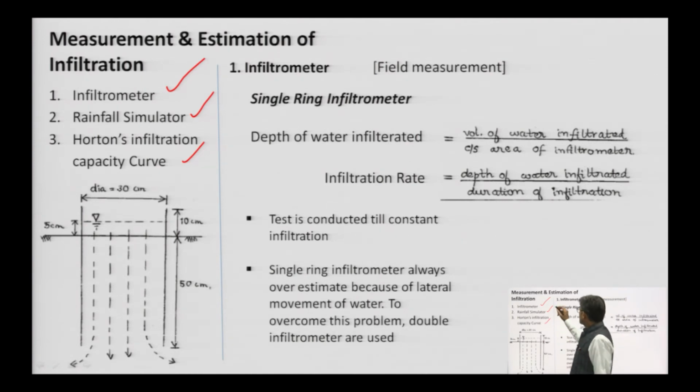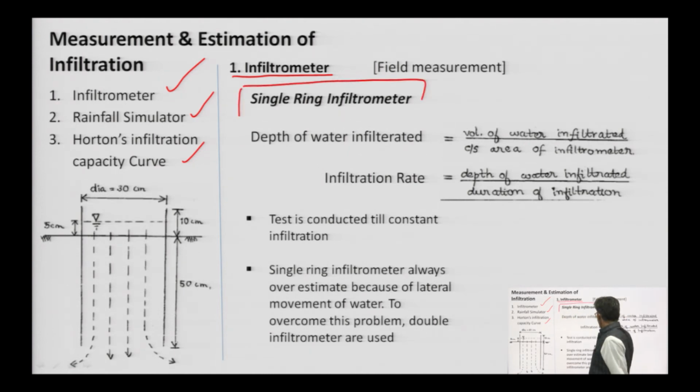Let us talk first about infiltrometers. An infiltrometer for field measurement can be a single ring infiltrometer or a double ring infiltrometer. So, let us talk first about the single ring infiltrometer. The depth of water infiltrated can be calculated by the volume of water infiltrated divided by the cross sectional area of the infiltrometer.